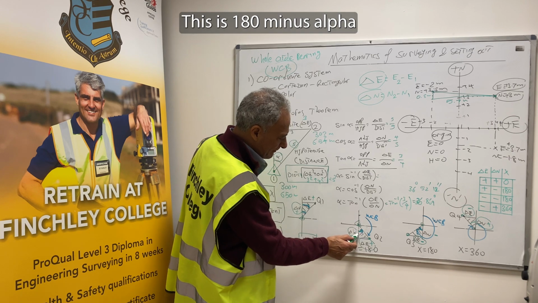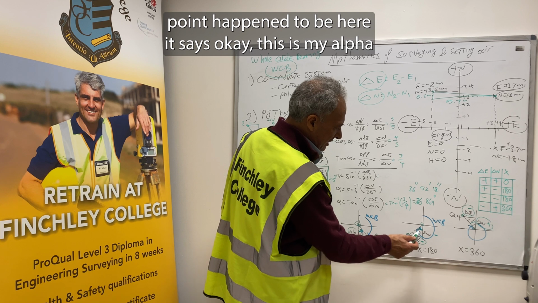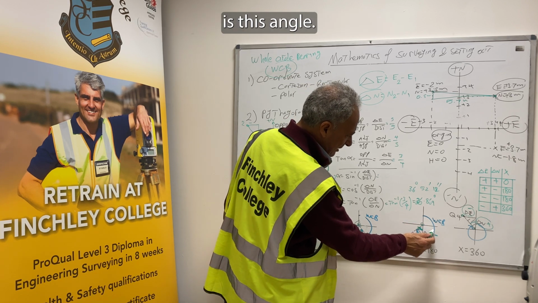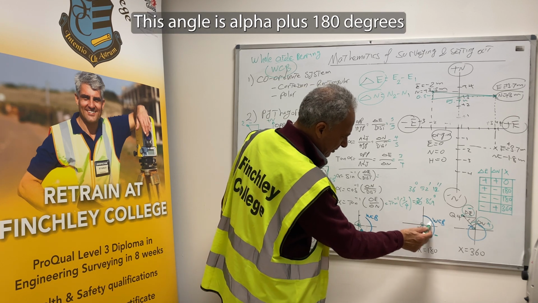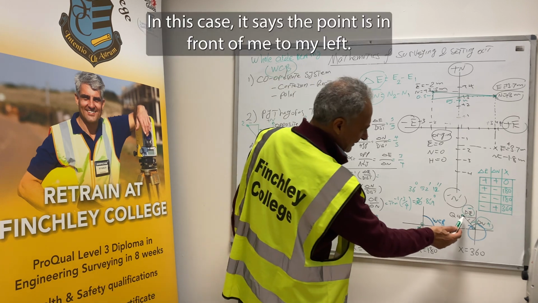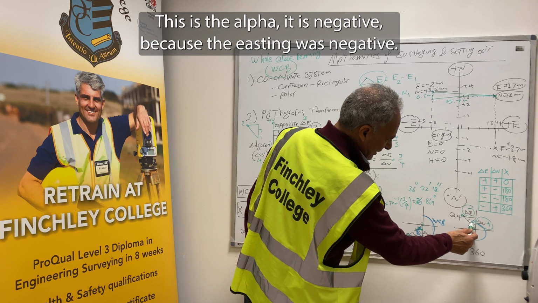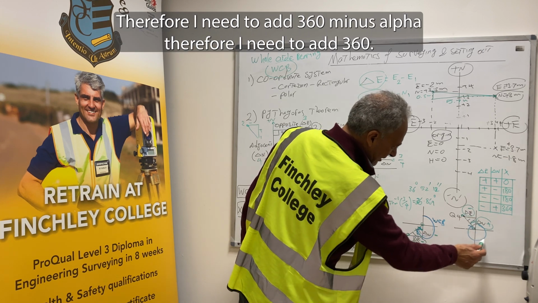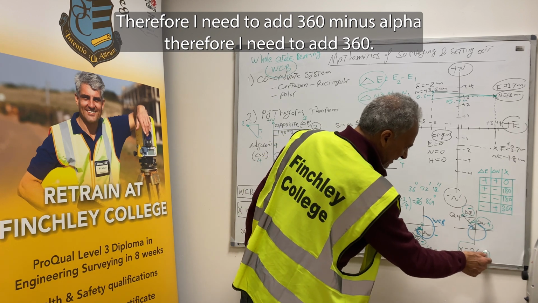If the point happened to be here, this is my alpha I calculated. The whole circle bearing is this angle. This angle is alpha plus 180. Therefore, I add 180. In this case, the point is in front of me to my left. The alpha is negative because the easting was negative. Therefore, I need to add 360.